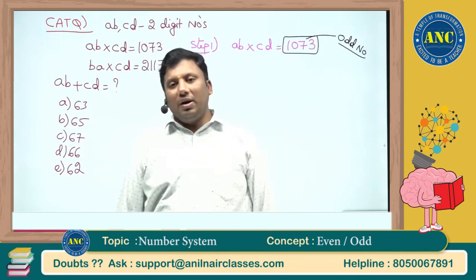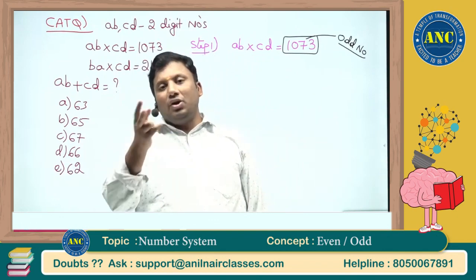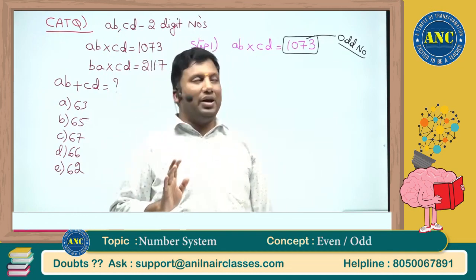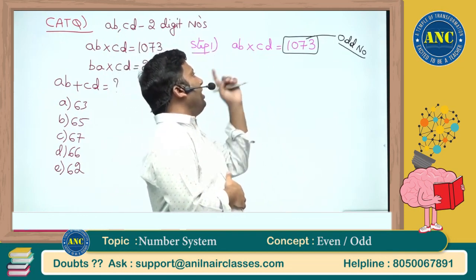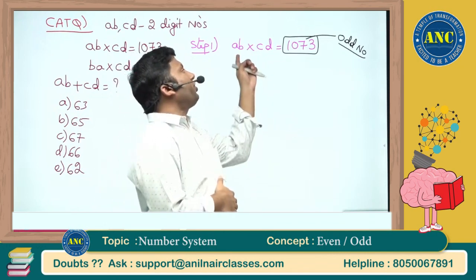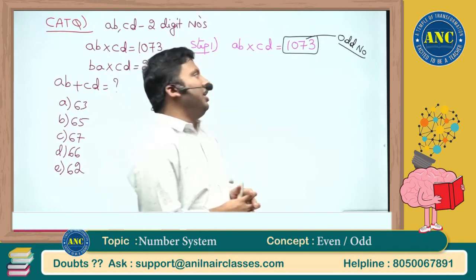When we get an odd number from multiplication, even into even, 2k1 into 2k2, the answer is divisible by 2. Both cannot be even. If one is even, even into any number is even. Both can be odd. Odd into odd is odd.